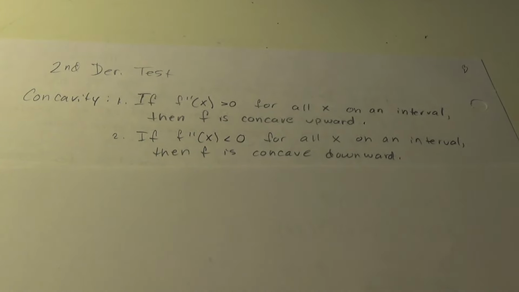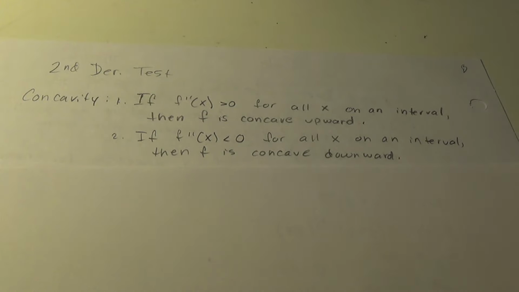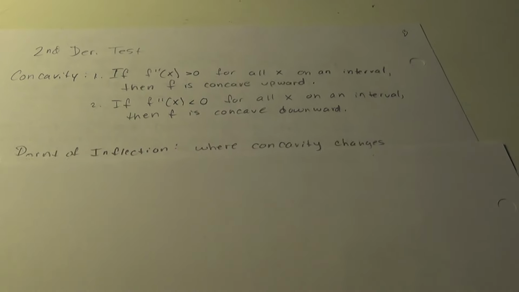So here it is in math lingo. If the second derivative of f is greater than 0 for all x on an interval, then f is concave upward. And if f double prime of x is less than 0 for all x on an interval, then f is concave downward. So that's our definition for concavity.